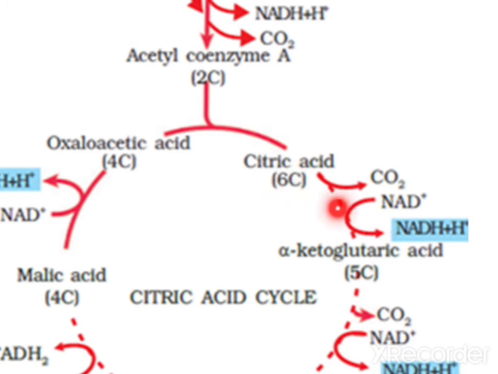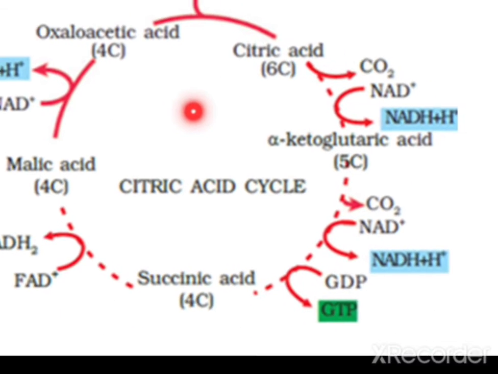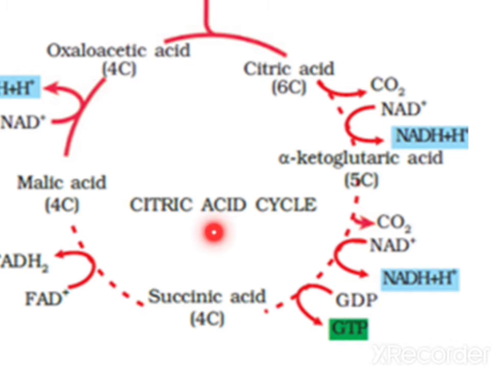Here also NAD is converted into NADH. Later, once again one molecule of carbon dioxide is released, and alpha ketoglutaric acid is converted into succinic acid, a 4 carbon compound.